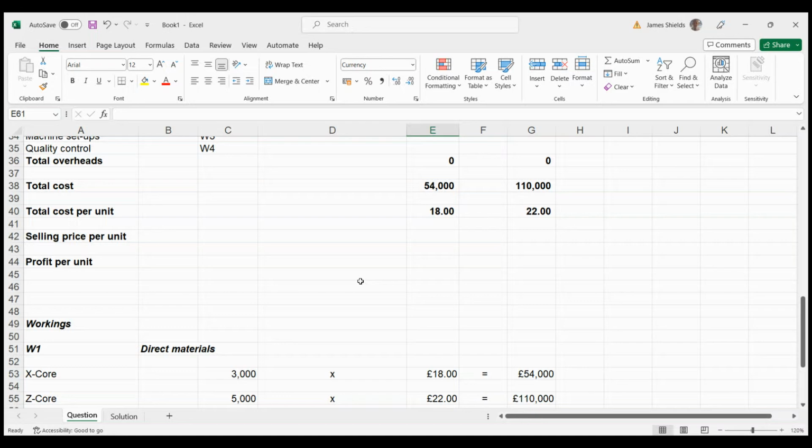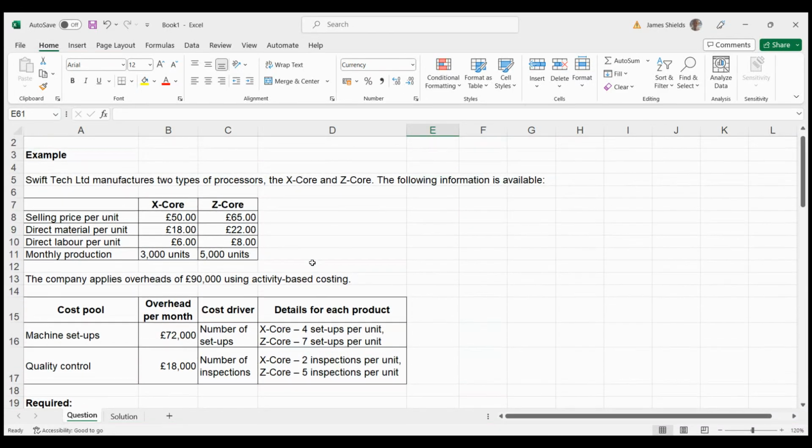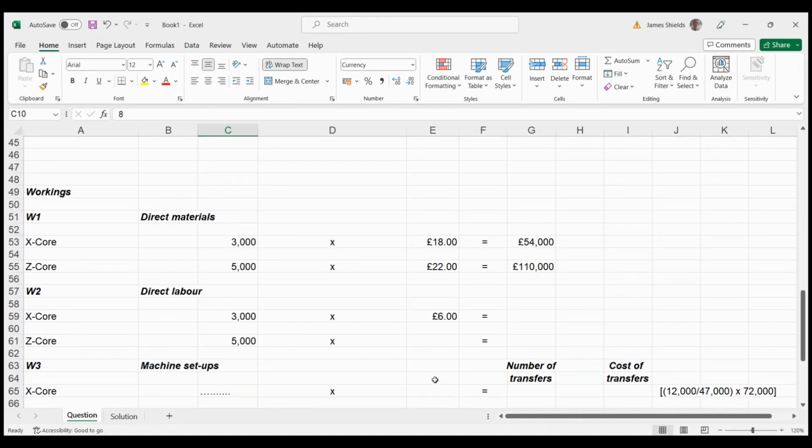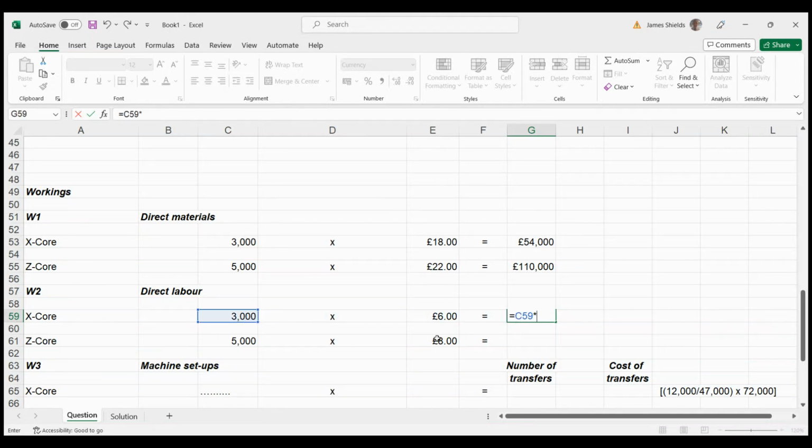And for Z core, direct labour per unit is £8. So now we could work out the direct labour for each product. So X core is 3,000 times £6, which is £18,000. And for Z core, it is the 5,000 times £8 gives us £40,000.